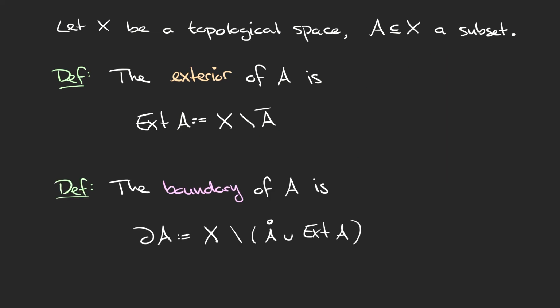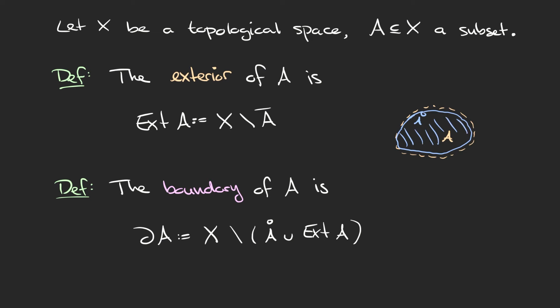Finally, we can also think about the boundary of a set A, and we define the boundary of A, which we denote del A, as the complement of the interior of A unioned with the exterior of A. This will again require a picture, so I'm going to draw A with this dashed line. And now the interior of A is the largest open set that's still contained in A. So the blue thing would be A interior.